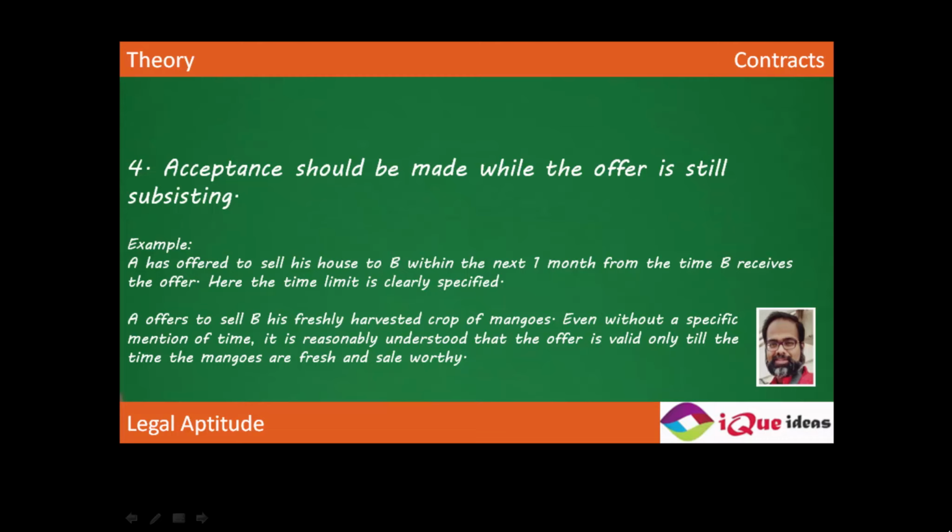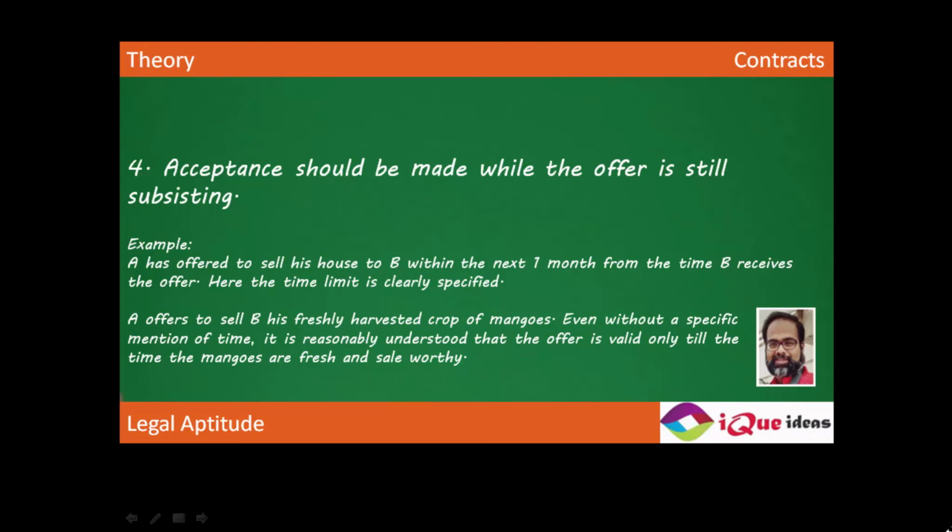Finally, the acceptance should be made while the offer is still subsisting. For example, if A has offered to sell his house to B within the next 1 month from the time B receives the offer, then the time limit is clearly specified. Any acceptance made after 1 month from the time B receives the offer will not be considered valid.